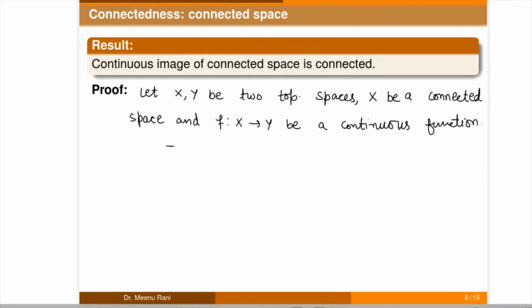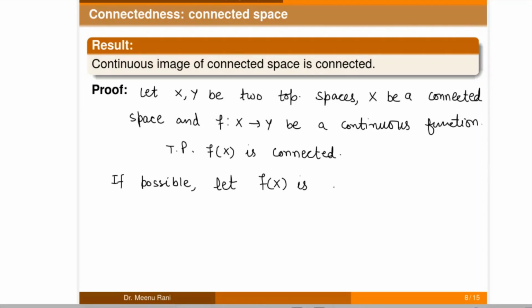Then we need to prove that its continuous image, that is f of X, is connected. We will prove it by contradiction method. If possible, let f of X be disconnected.